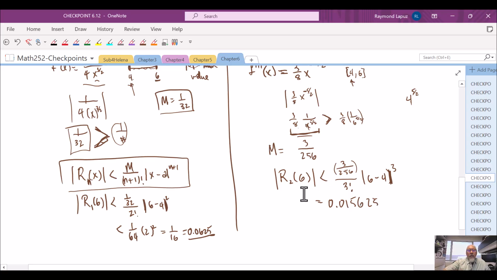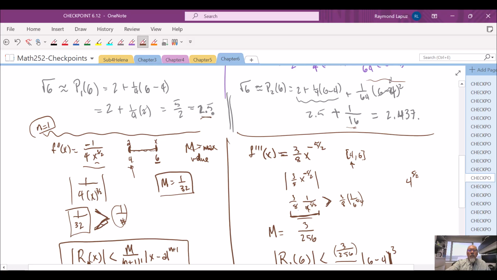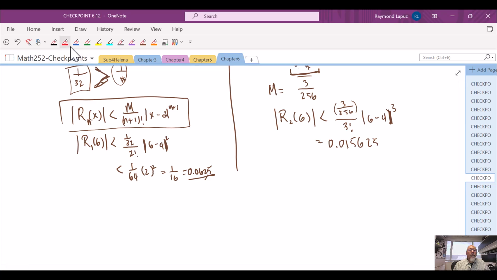You see that the remainder is a lot smaller than the first time, and this is 2.5, this is 2.43, and just to let you know, if I actually put the square root of 6 into the calculator, square root of 6 is approximately equal to 2.449487.